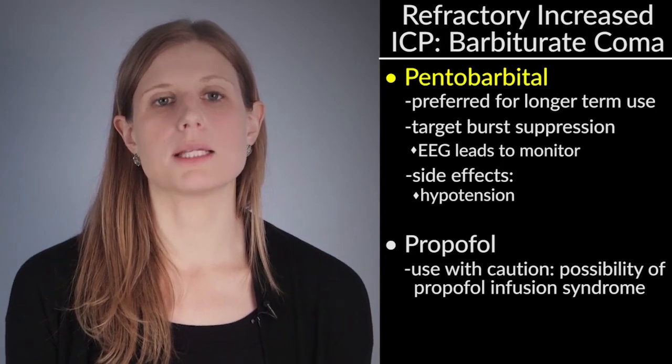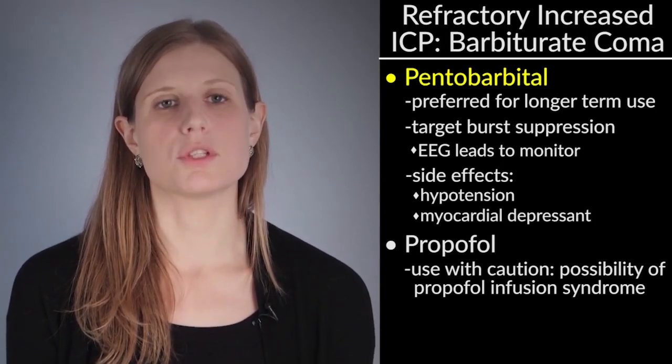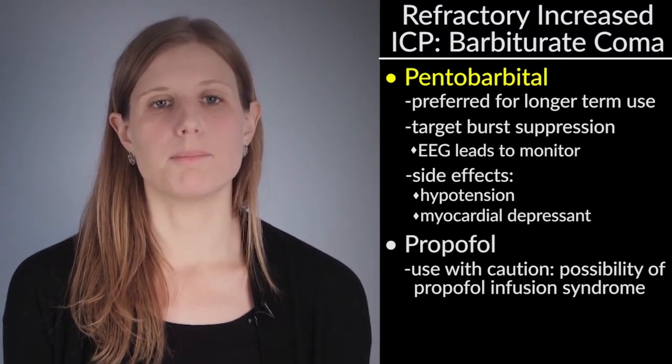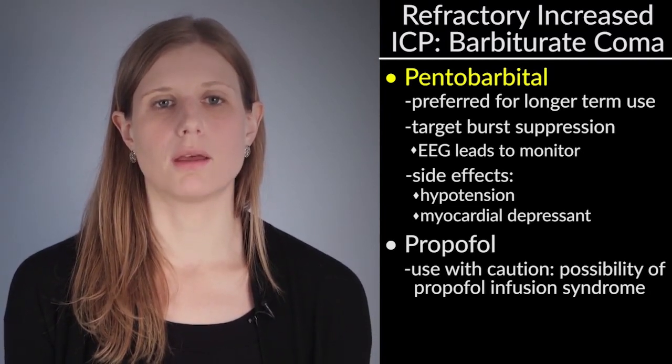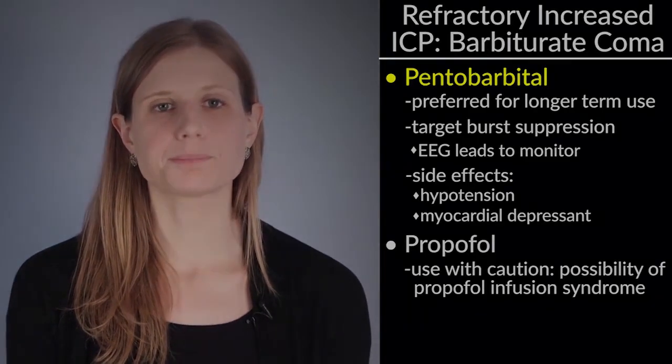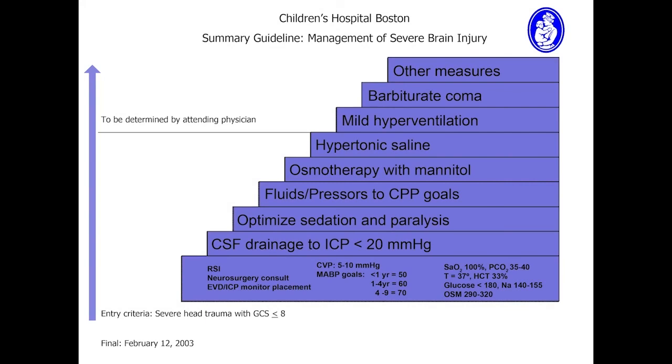And additionally, over time, it is a myocardial depressant, so just keep in the back of your mind with your intubated patient that they may see some mild effects related to their cardiac function in the setting of prolonged pentobarbital. So after thinking about pentobarbital, that really takes us to the maximum therapy on our pyramid here.